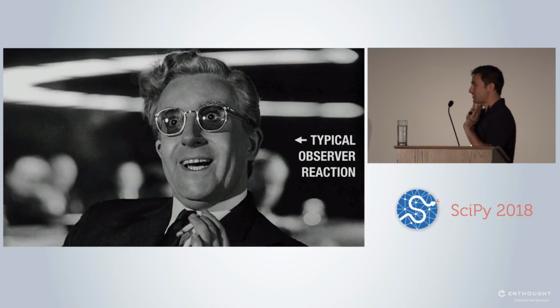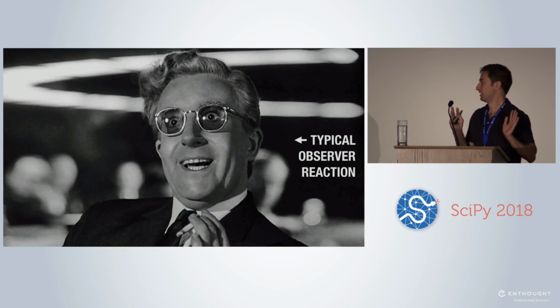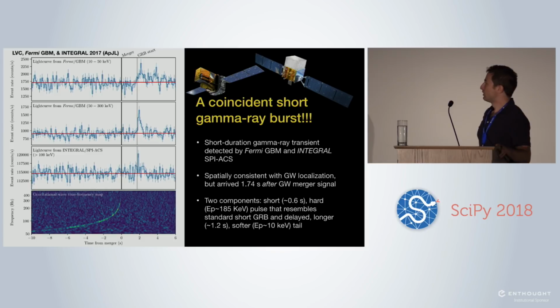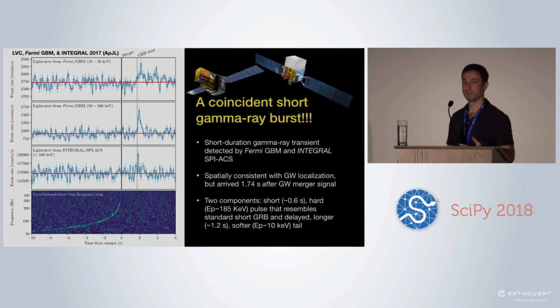And basically every astronomer in the world kicked into high gear for the next month. There was even a coincident short gamma ray burst. So gamma ray bursts are intense flashes of hard electromagnetic radiation.